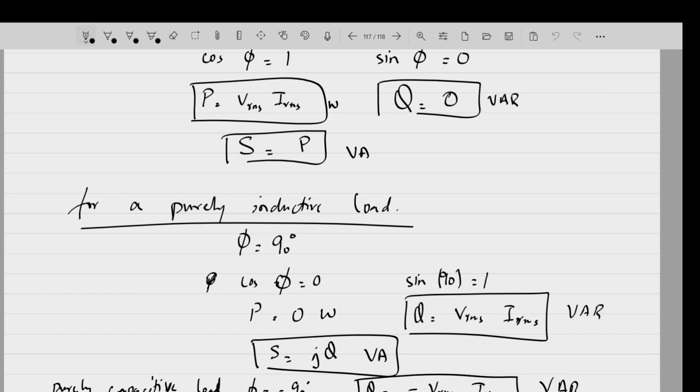So we have discussed today real power, reactive power, and apparent power. Apparent power is a complex power denoted by the term S, and it is given as a complex number. It is represented by P plus jQ. It is measured in terms of VA, volt amperes.